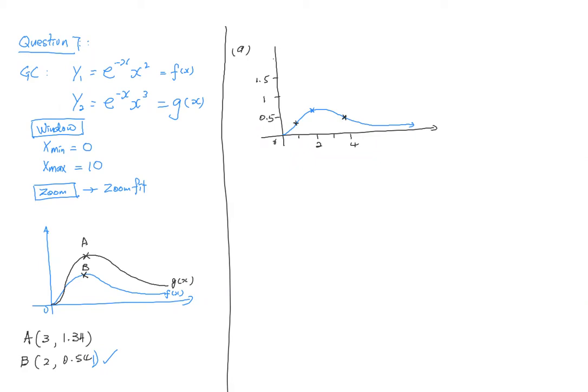Then after that, the second graph, you know the x coordinate for the stationary point is 3. So 3 is here. And 1.3 is around here. So you mark it down. Then roughly, all right? So you jot down the coordinates.